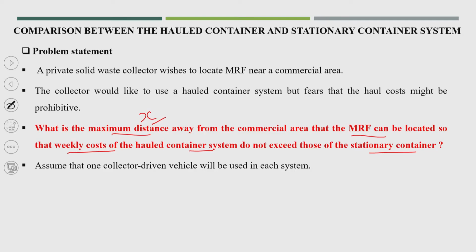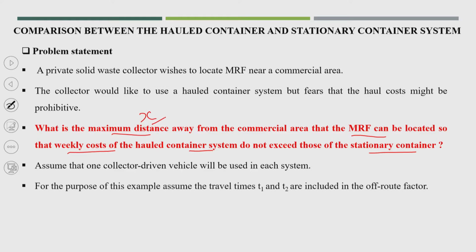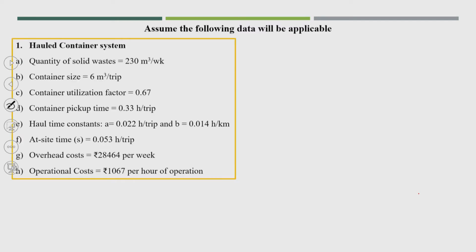The assumption is that one collector-driven vehicle will be used in each system, and for the purpose of this example assume that T1 and T2 values are included in the off-route factor. So, the off-route factor is 0.15, which includes the time of T1 and T2, and these data are given. This is for the haul container system.